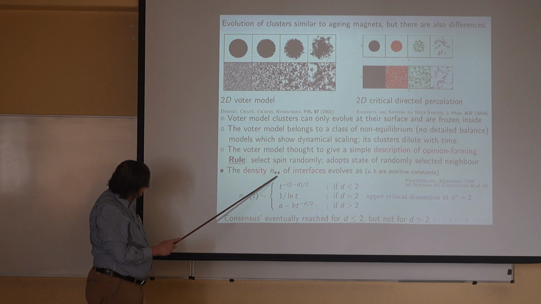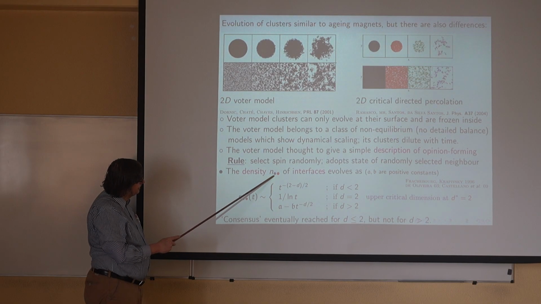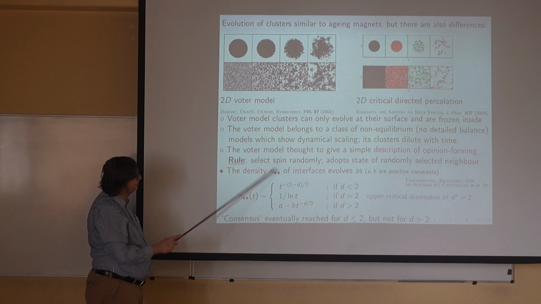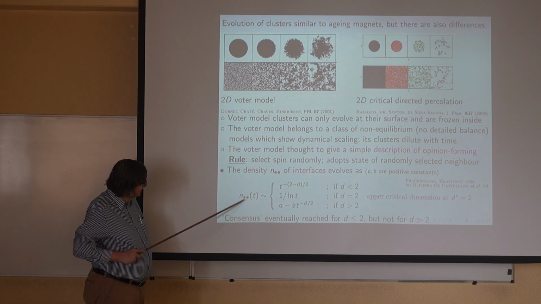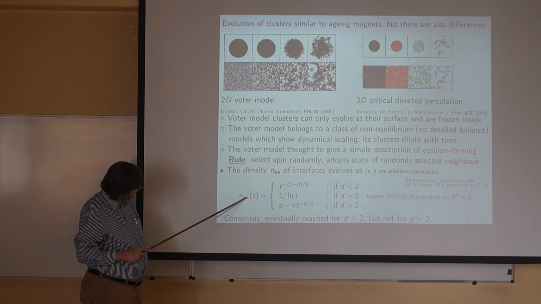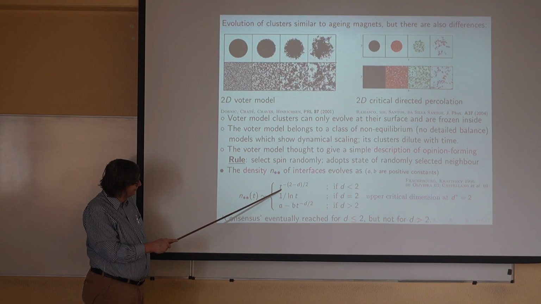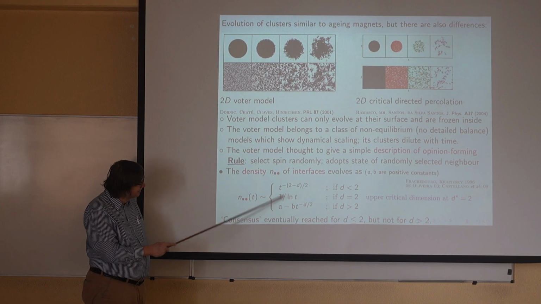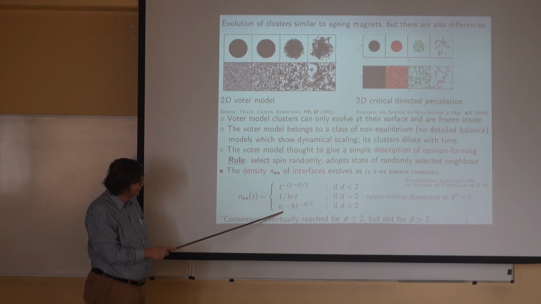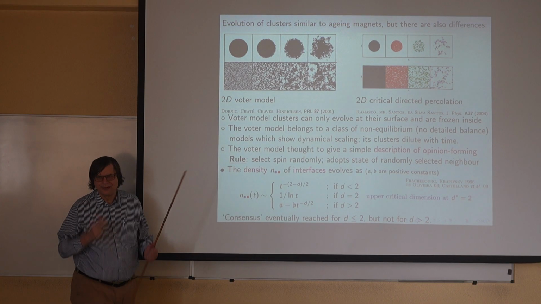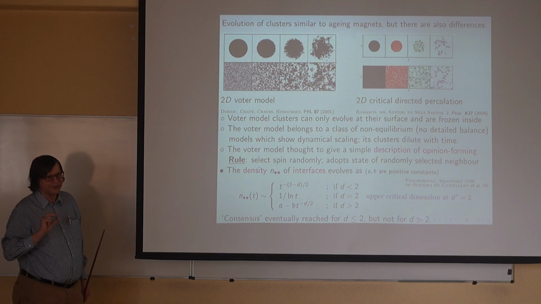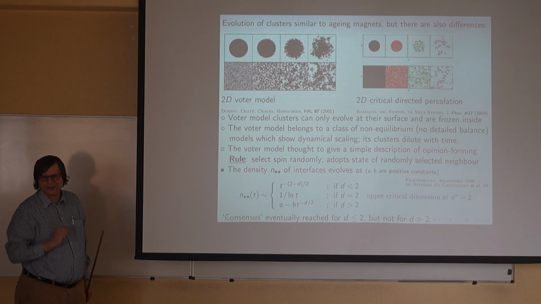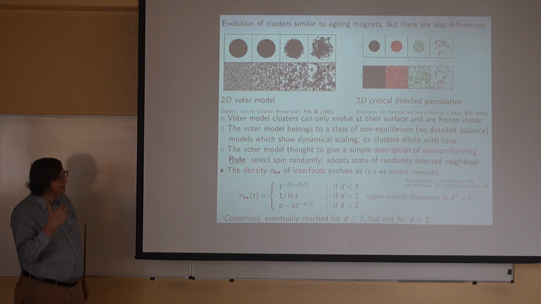Okay, and in particular, when you look at the interfaces between the distinct opinions, then you see something very important. When you calculate the density of such interfaces in low dimensions, you see that with time it decays. When you do it in high dimensions, it goes to a constant. So you will always retain the concept of opinion in more than 2 dimensions, and in principle, any concept of opinion will disappear in low dimensions.